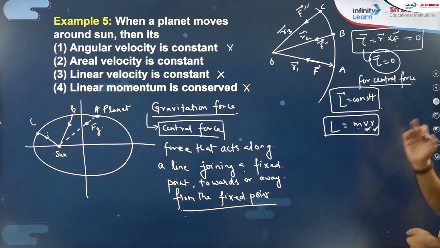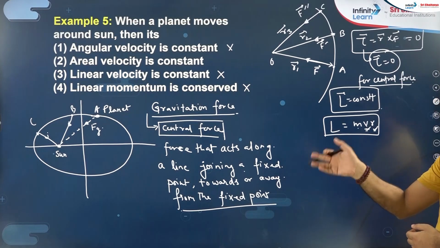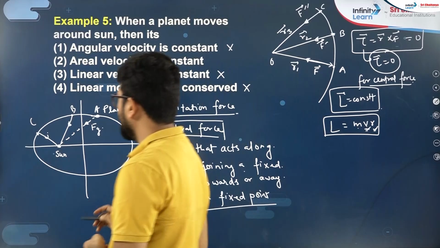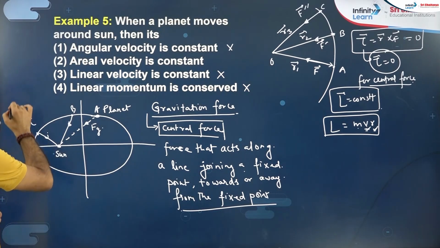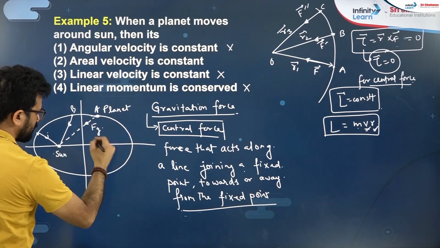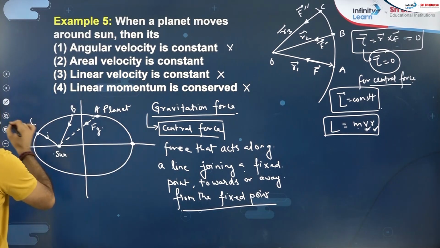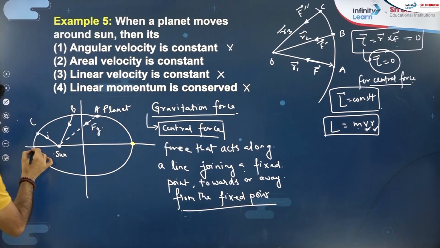Now try to understand what we are saying about v and r. If I give one extra piece of information, you can understand what is happening there. One very basic thing: I am choosing 2 points. This is the first point, and this is another point.